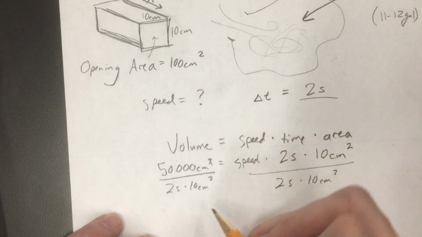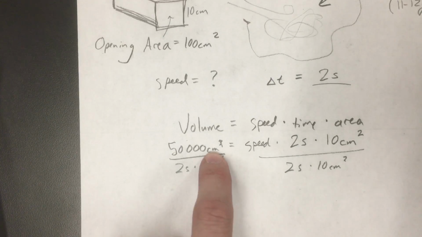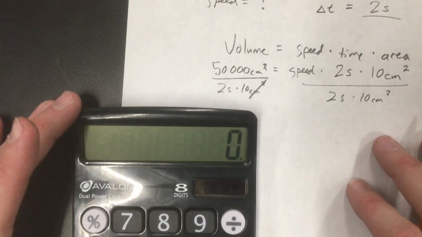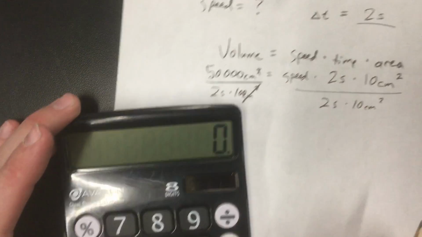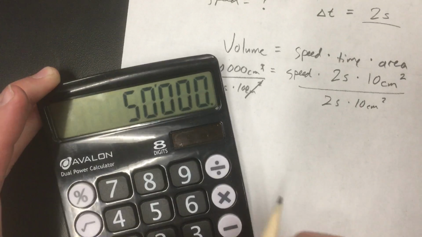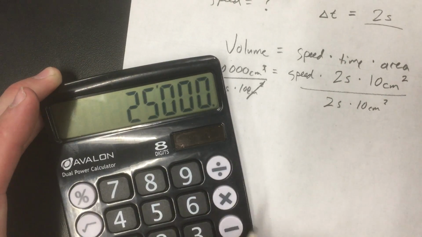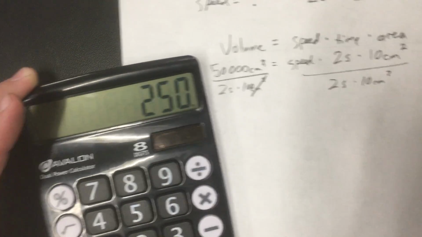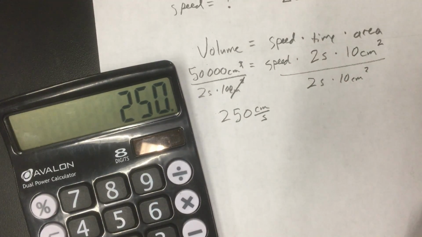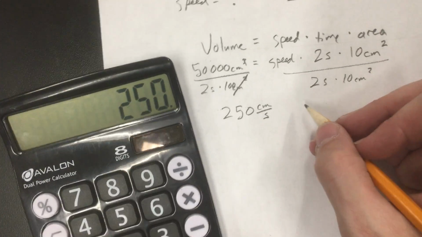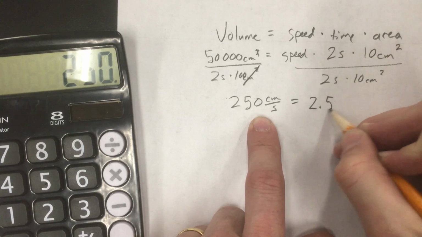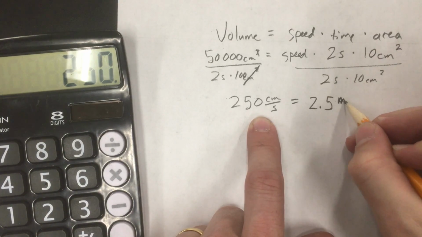Some of these cancel, so I'm left with centimeters on the top, and I get a speed of, oopsie, this should say 100: 50,000 divided by 2 divided by 100 equals 250 centimeters per second. Now, I know that I can't use centimeters per second if I'm doing energy calculations, so I'm going to change this to 2.5 meters per second.